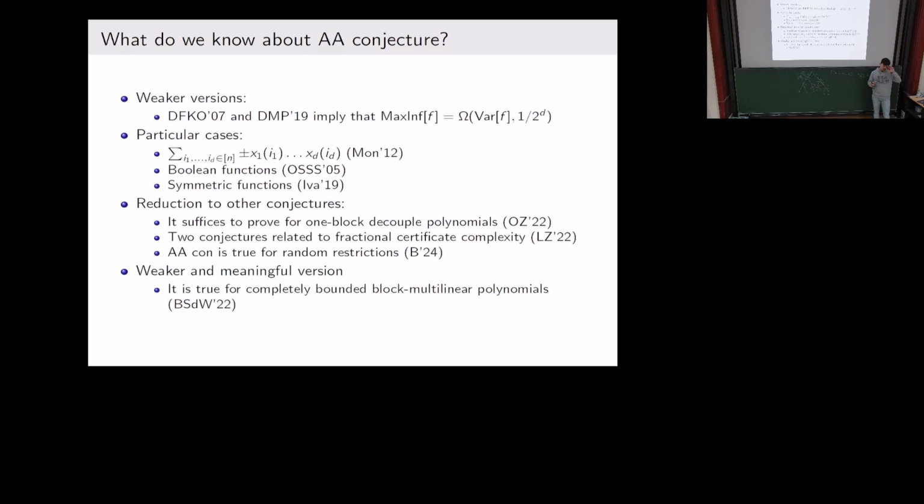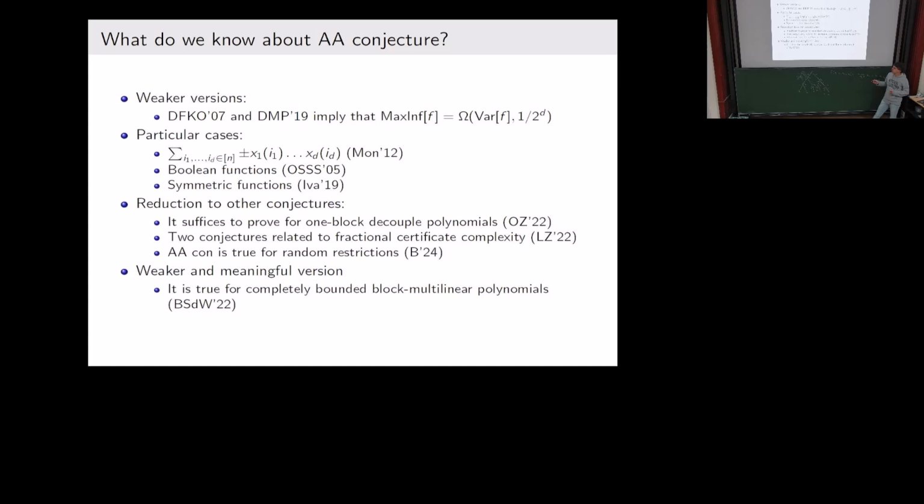I'm not going to talk about the details of this, but it's going to be similar but not comparable to what I'm going to present in the second half, which is an approach towards the Aaronson-Ambainis conjecture via Fourier completely bounded polynomials. You can even see that the name of the norm is similar.